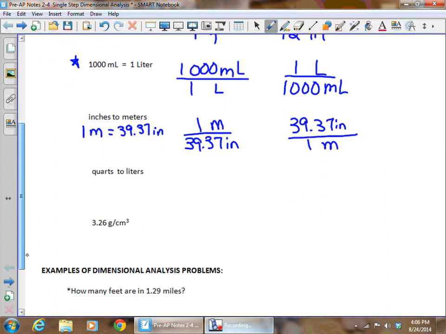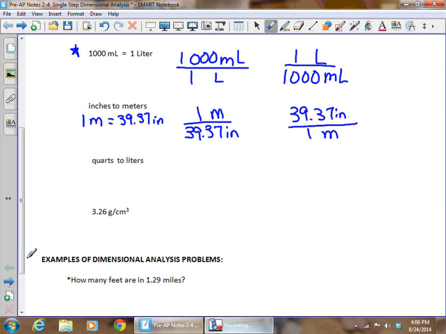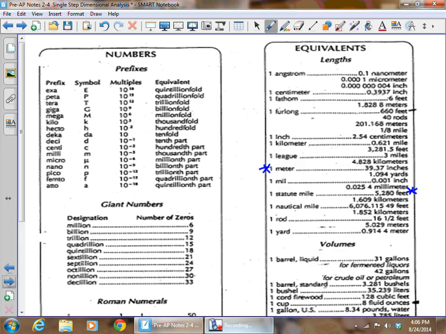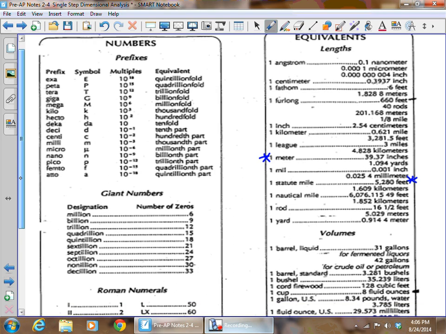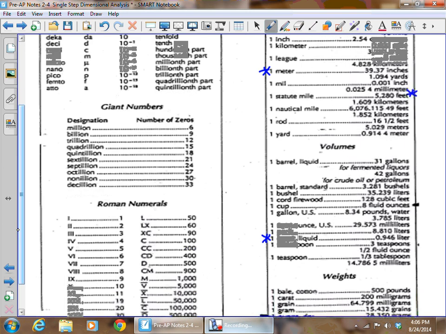See if you can do the next one yourself real quick by looking up the equivalent statement for quarts and liters on your conversion page, your conversion chart. So hopefully you went to the conversion page and you saw that the relationship between quarts and liters is that there is 1 quart for every 0.946 liters.